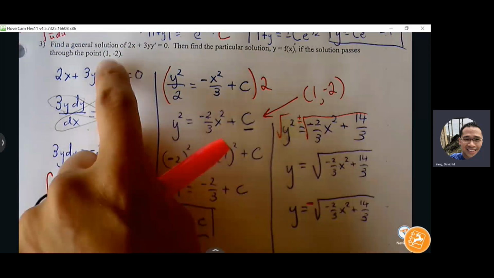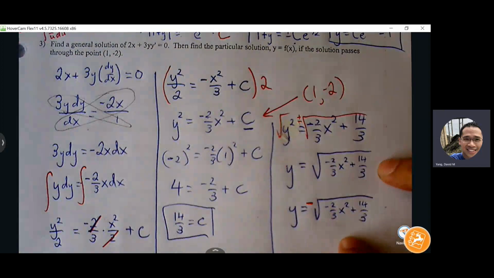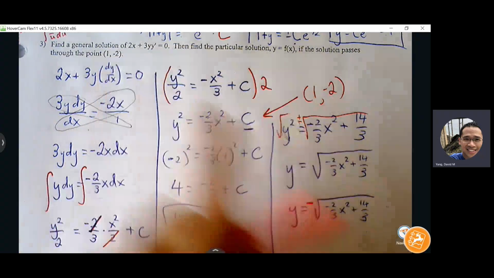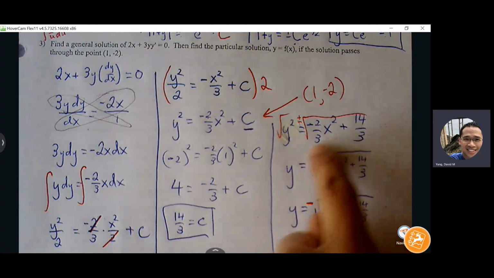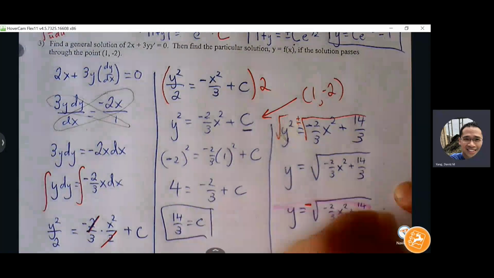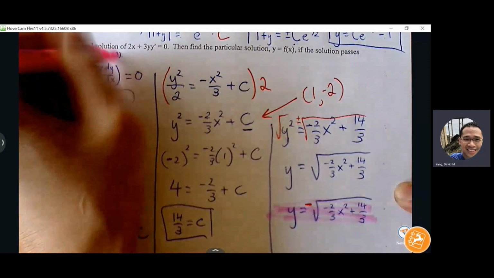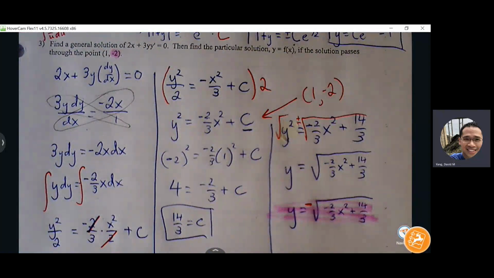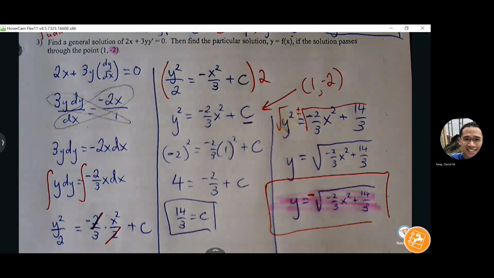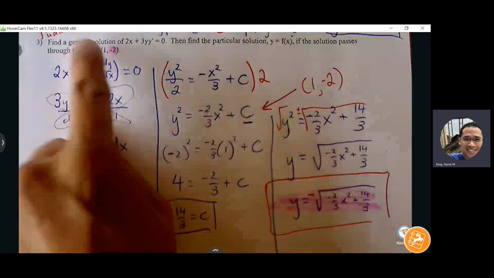But the big idea here is that I have to be able to find an equation that has this ordered pair as part of the curve. All right, so if I plug 1 in, I'm never going to get -2. So we know that 1, -2 is not part of this first curve. So look at the Y value if you're deciding between plus or minus square roots. The particular solution will pass through this ordered pair.